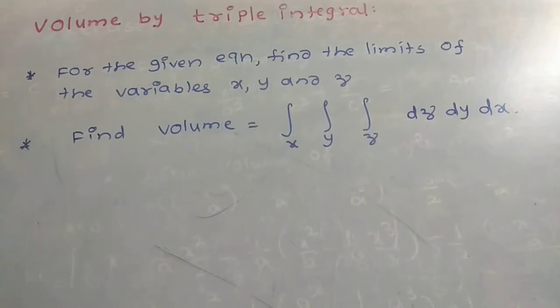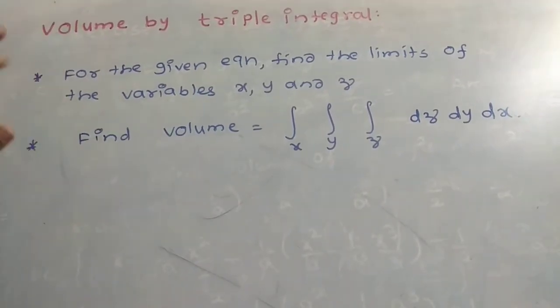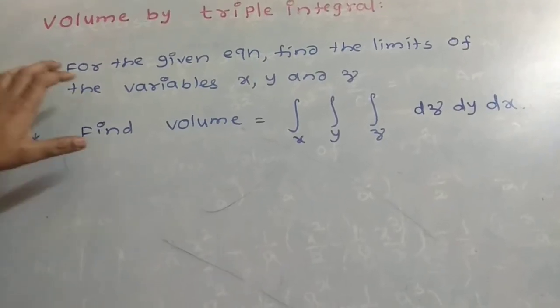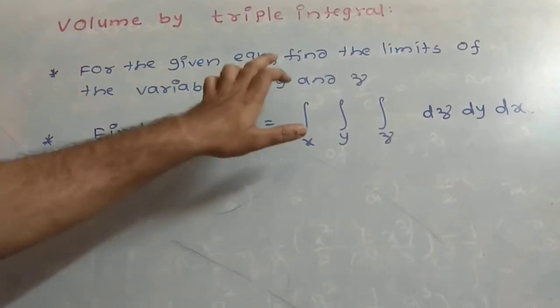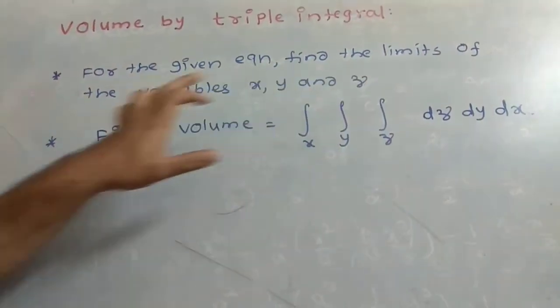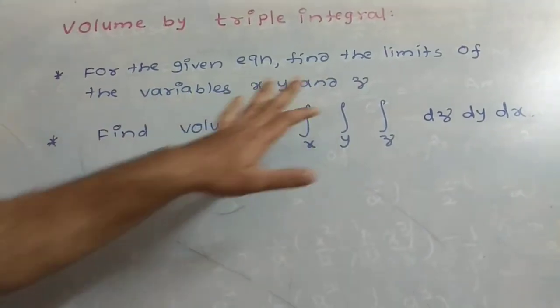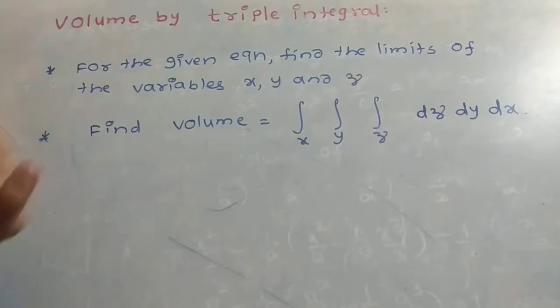Depending on your problem, now I am calculating the volume by triple integral. I will just give you the procedure, only a few steps. The first step: an equation is given, and from that equation you calculate the limits of the variables x, y, z. You need to calculate three variable limits.